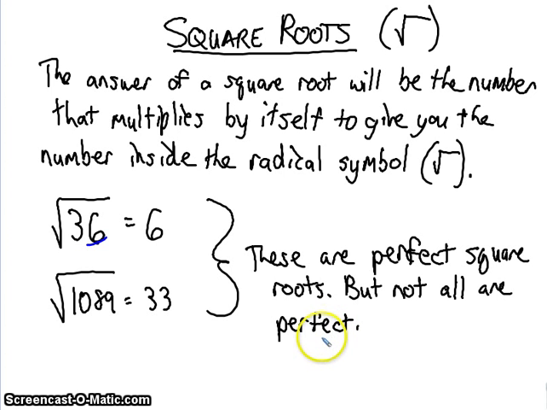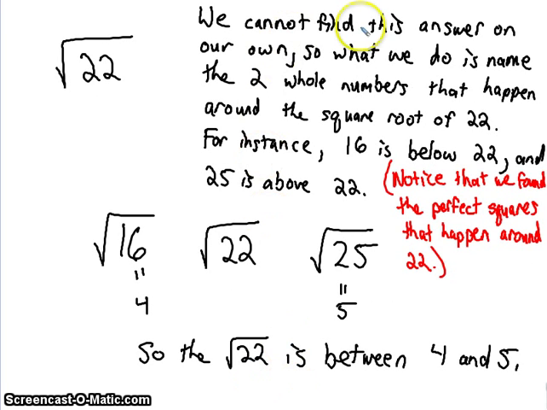So what do we do if it's not a perfect square? Say the square root of 22. Okay. Well, we cannot find this answer on our own. We have a problem. We can't do this in our heads. Since Mr. Allen is so allergic to little evil demon boxes, we're not going to use them to do this.